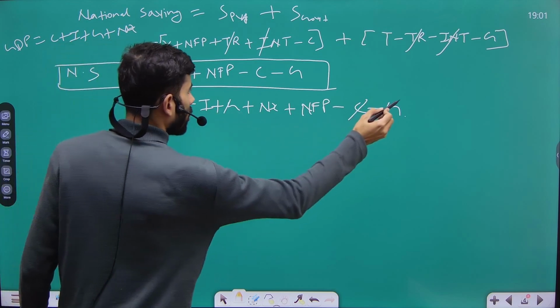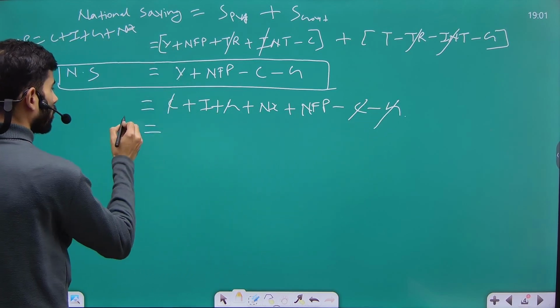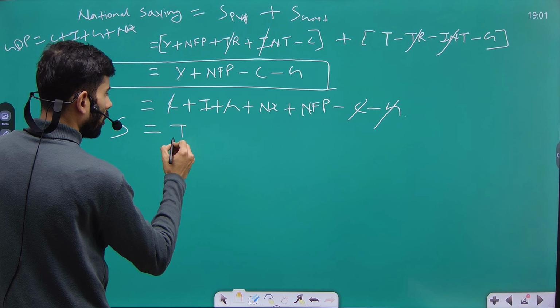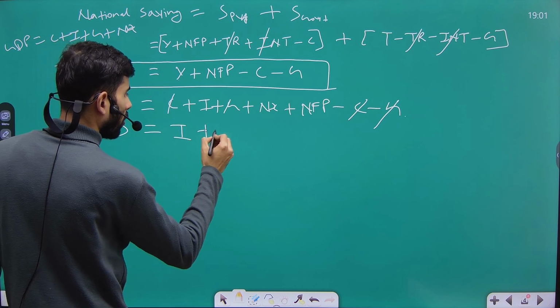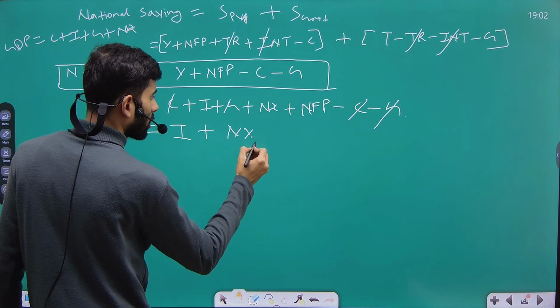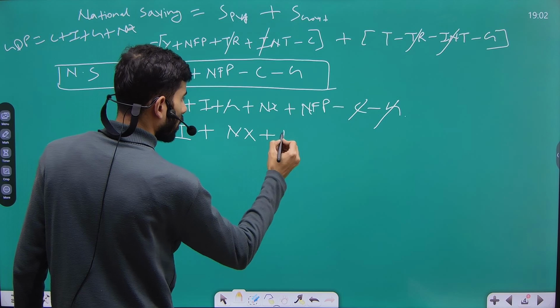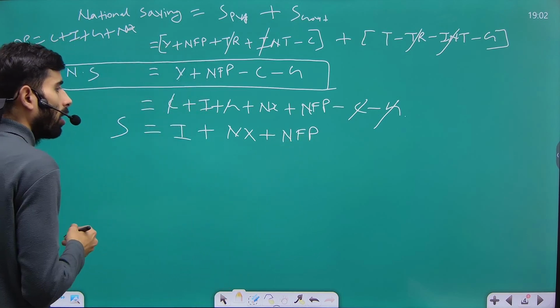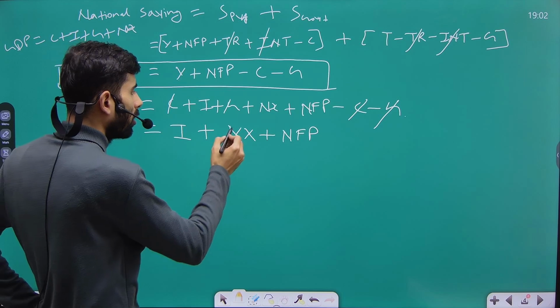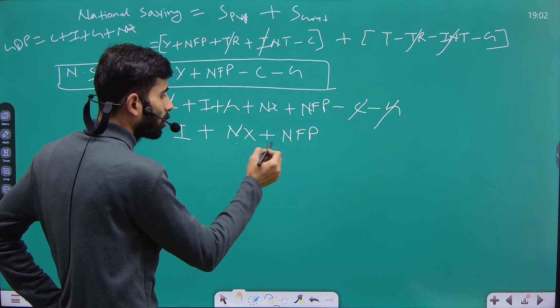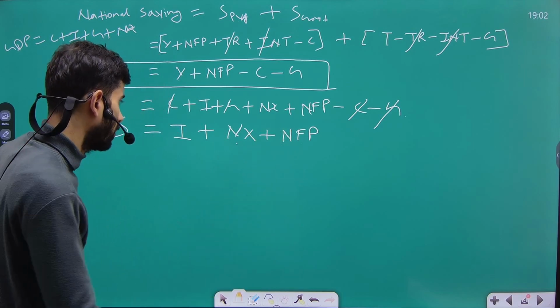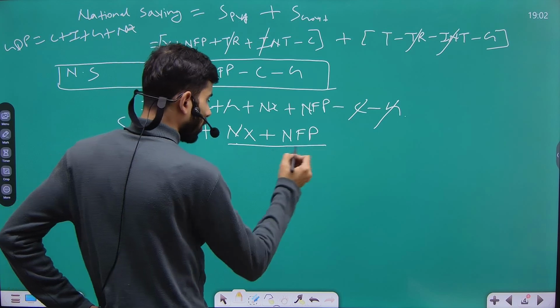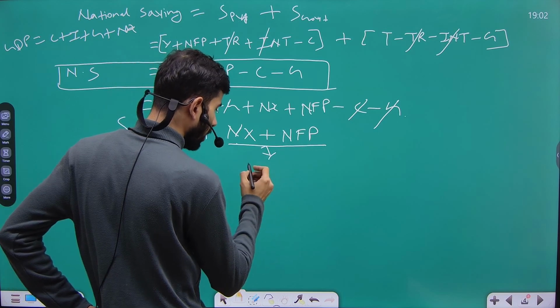Similarly G. So savings is equal to I plus net exports plus net factor payment. If you look closely, these two terms together, net exports plus net factor payments, make up our current account.